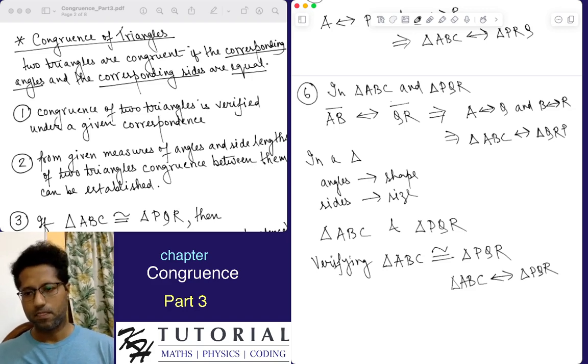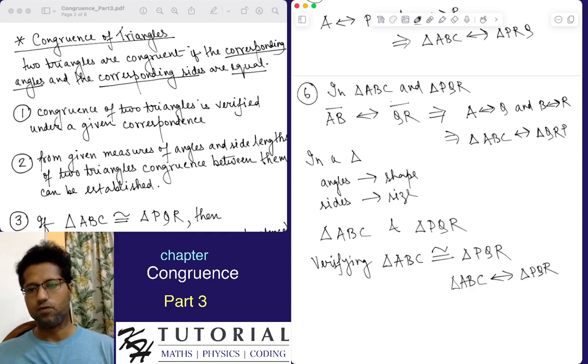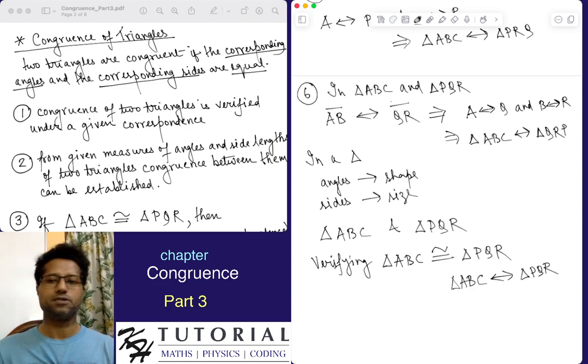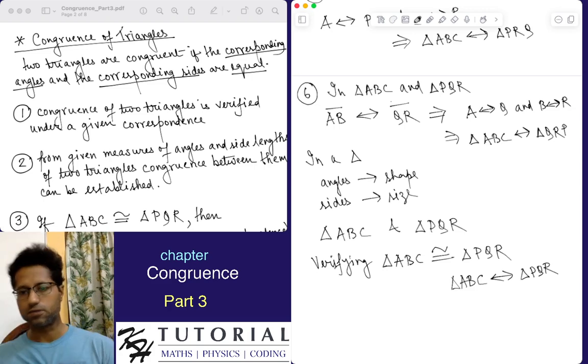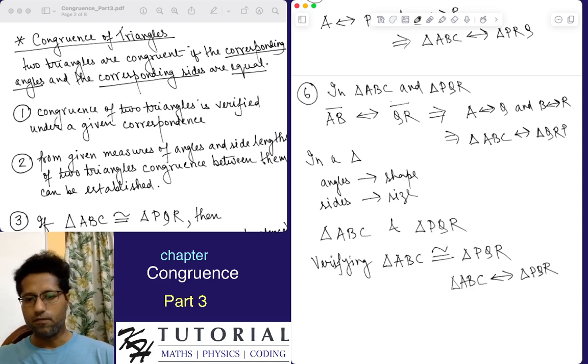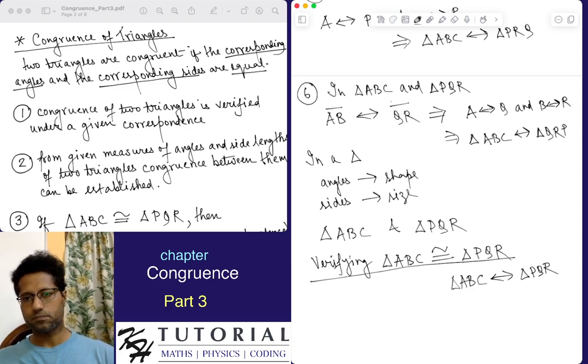That is, the three angles of triangle ABC are equal to the corresponding three angles of triangle PQR, and three sides of triangle ABC are equal to the corresponding three sides of triangle PQR, because you know the correspondence. This is about verifying the congruency of two triangles.